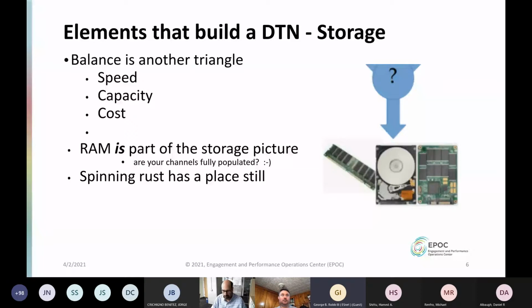I'll mention are your channels fully populated just because, but that said, it gets into the speed, right? Are we trying to get it off flash? Are we getting it off spinning rust? Is it meeting that terabyte an hour baseline? And there's times where the spinning rust actually is useful. It has a place. It's very meritable. We'll talk about that a little bit when we get into the RAID components.